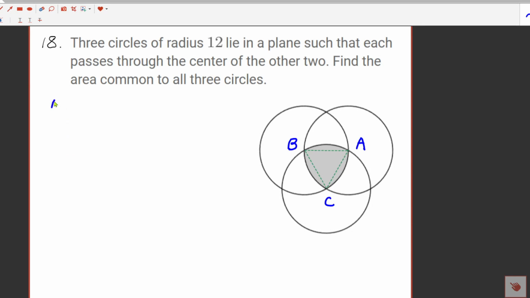We have AB equals BC equals AC, which is 12. Therefore, triangle ABC must be equilateral, right? The area of the shaded region then consists of an equilateral triangle plus 3 congruent circular segments, which is here, here, and here, right?